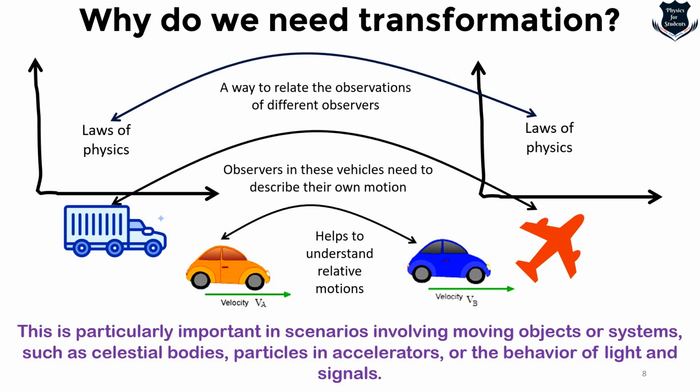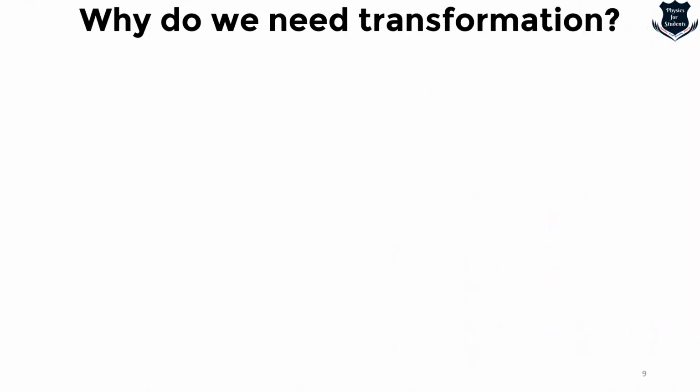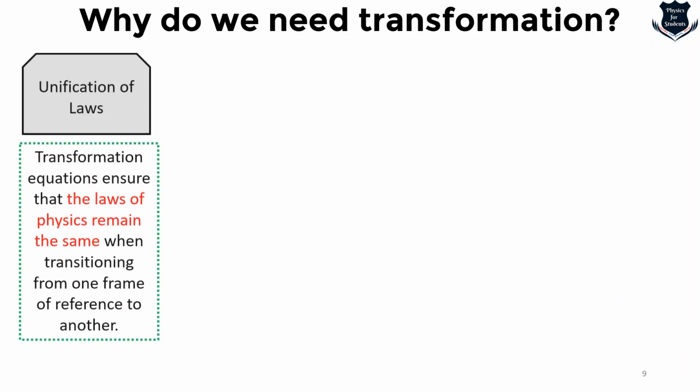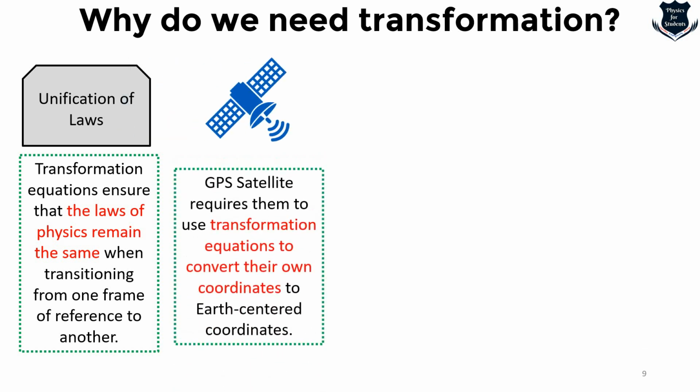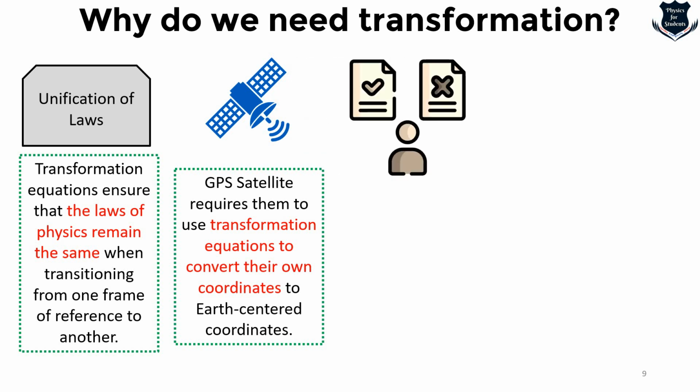These scenarios are particularly important: these transformation equations were required for celestial bodies, particles in accelerators, etc., so that we can really understand why the transformations are required. Most importantly, these transformations are required so that the laws of physics remain the same. For example, a GPS satellite requires them to transform equations based on its own coordinates.